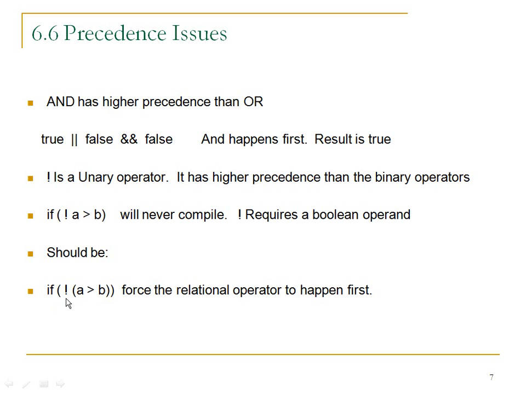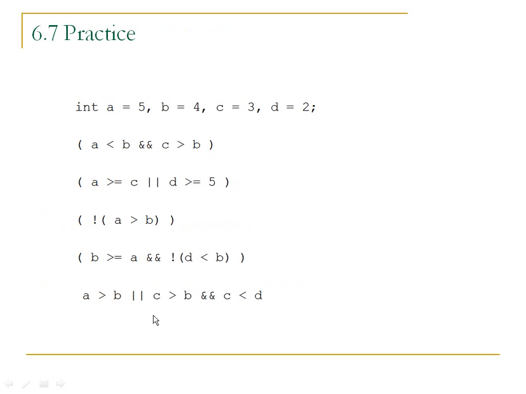Unary operators have a very high precedence in general, in all languages. So if you're having trouble getting something to compile, make sure that you check out whether you're applying a unary operator to something that you don't intend to, like this one. Here are some practice ones. Evaluate the relationals first, then evaluate the logicals, and these will all evaluate to true or false.